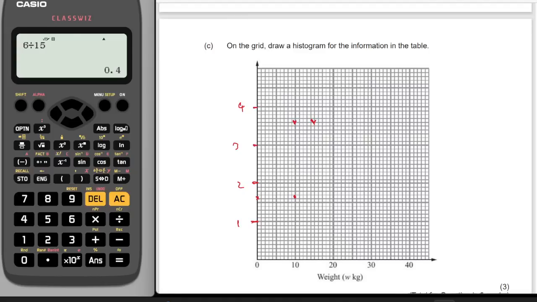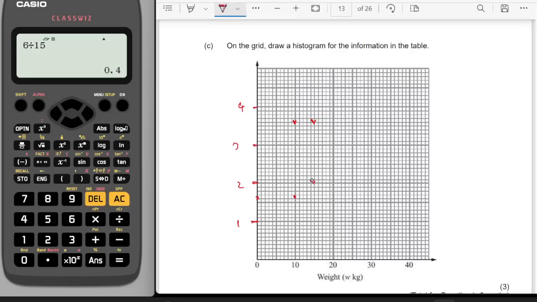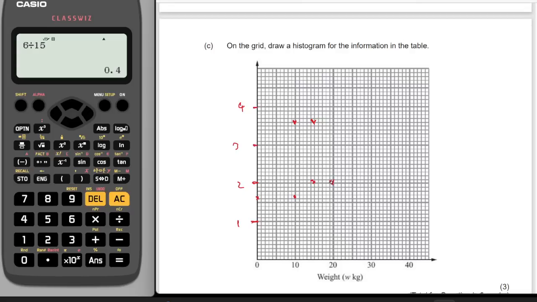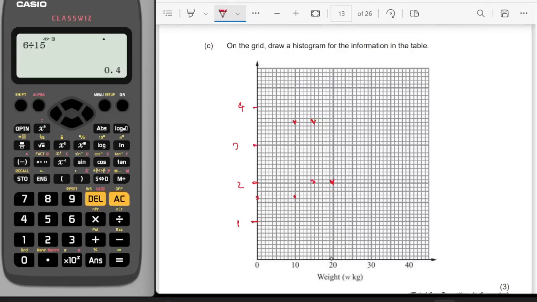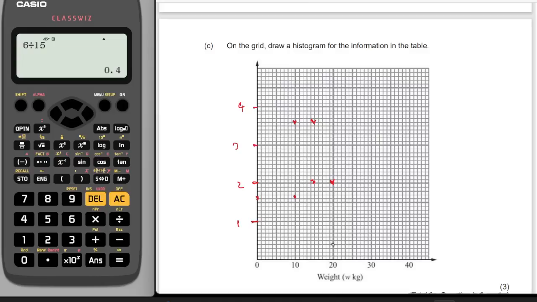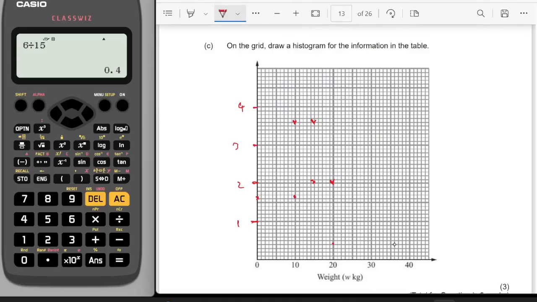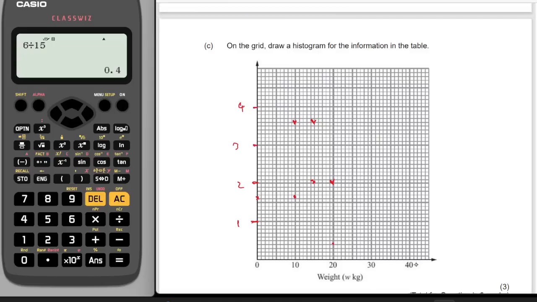My next one is going to be 15 to 20, and that's going to be at 2. And then my final one is going to be 0.4, which will be there, 20 to 35, so we're going to there.